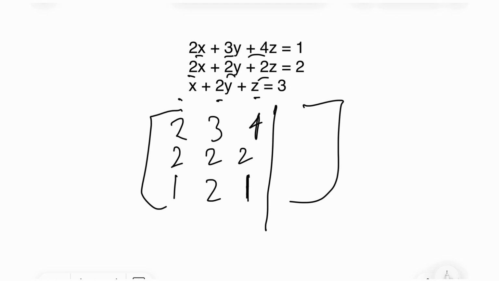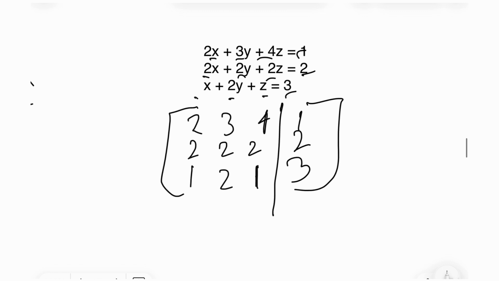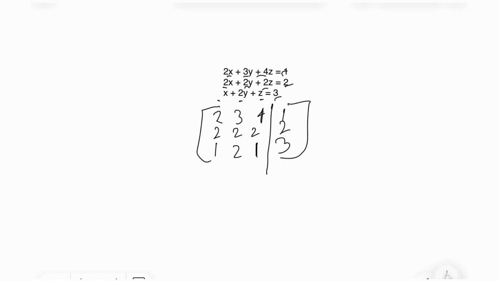Make a line for organization, and just add B. This is the augmented matrix. Now let's try to form a row echelon matrix. Again, a row echelon matrix should have zeros before the leftmost value of each row.